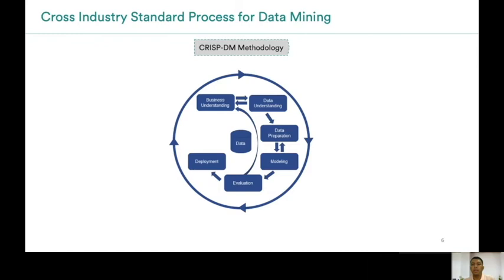Next, we have modeling. We're going to use RapidMiner as the data mining tool, and we start with the data modeling. During this phase, greater data understanding is gained, and more detailed, appropriate models can be applied. Next, we have evaluation. In this phase, model results will be evaluated in the context of the business objectives.